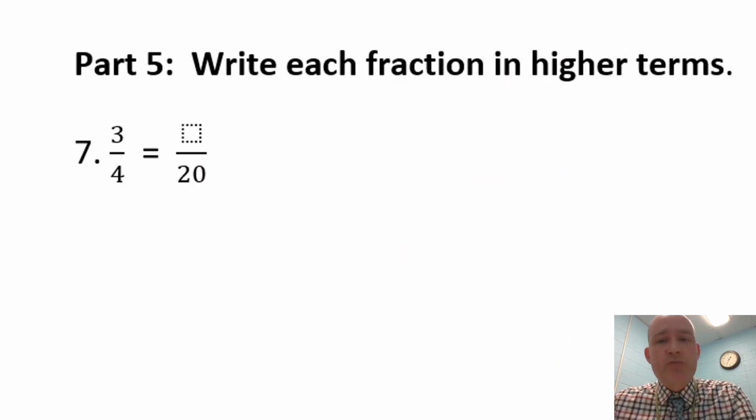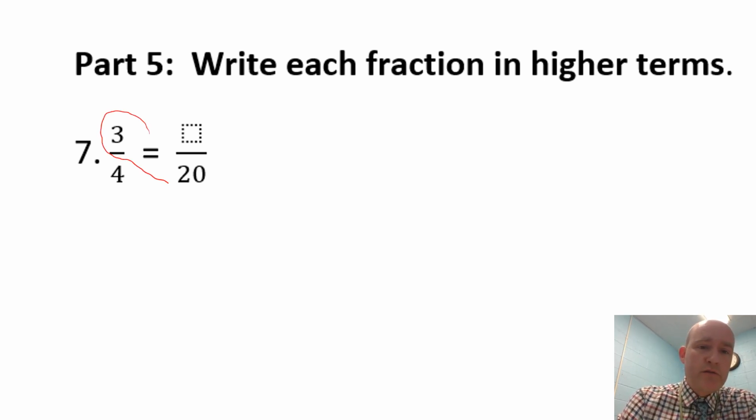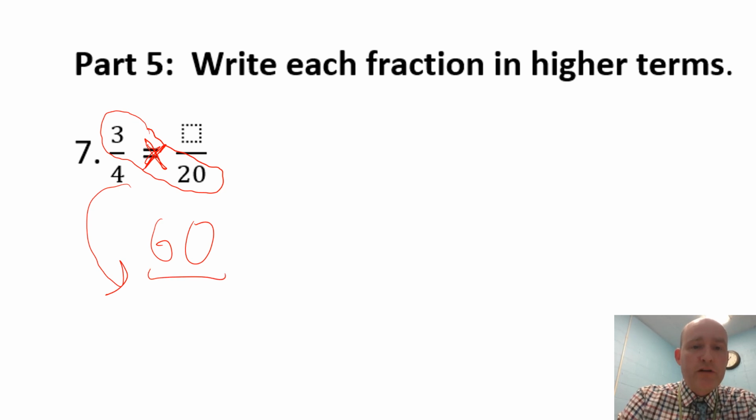So this is what is the fraction in higher terms. And this is a real easy process you can go ahead and do. You cross multiply: 3 times 20, and we get 60, and then we bring down 4 and we divide. What is 60 divided by 4? You can do it like this or like that.